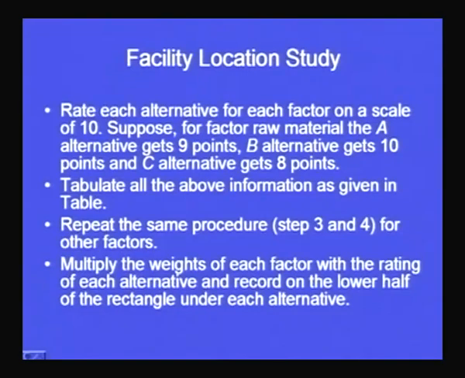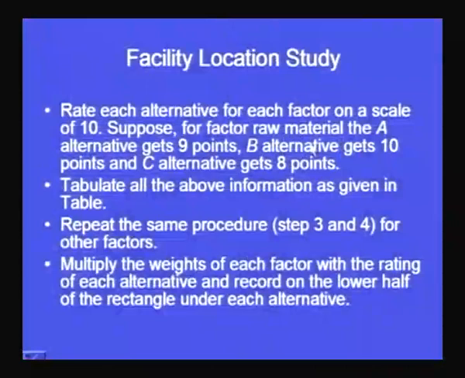Out of 10 we will see that from the market point of view, location A, how many points it earns. Maybe if the market is very close to this particular location, then we can say it stands 10 on 10, or it can be 9 on 10, or it can be 8 on 10. So, depending upon the different factors that we have identified, each location would now be given marks out of 10.